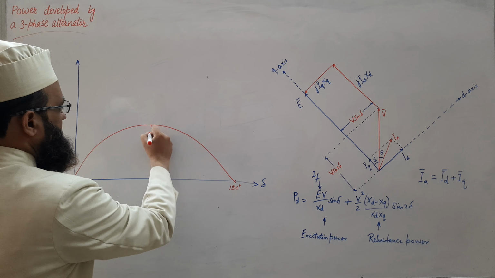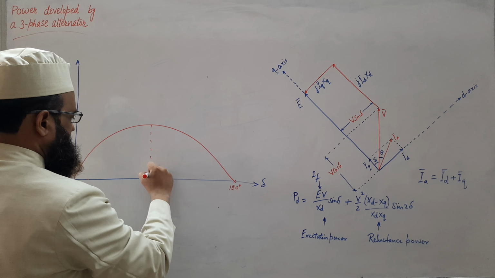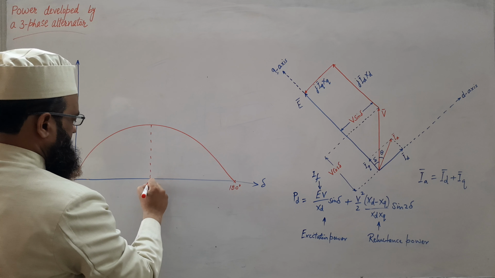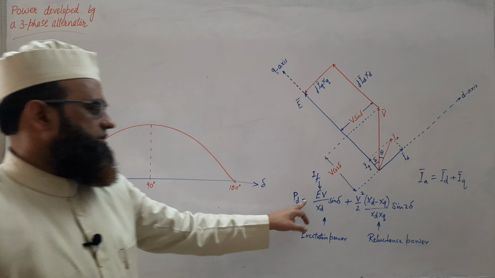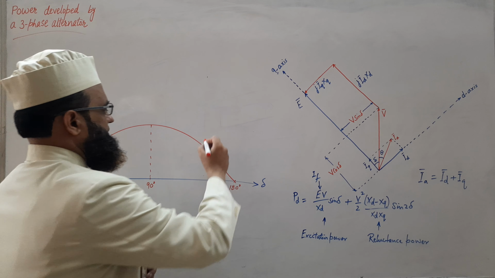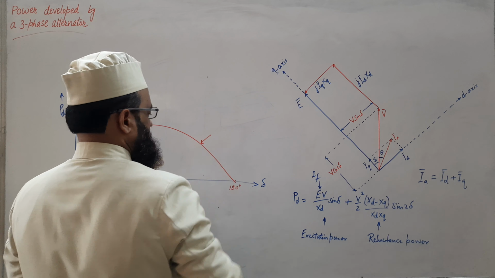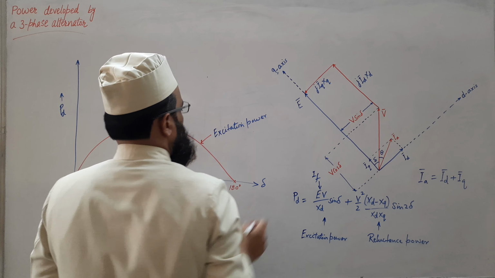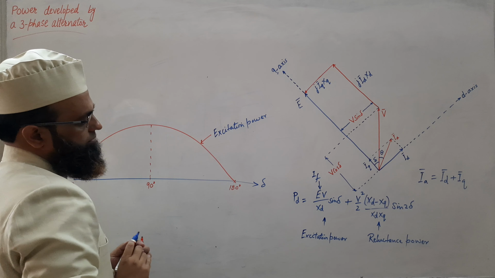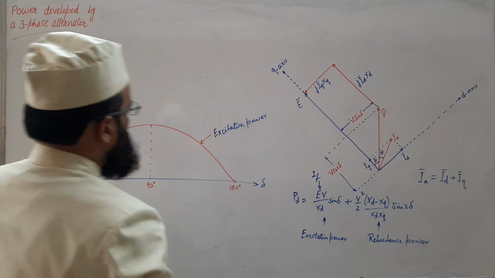Somewhere when delta is 90 degrees, it will attain its maximum. You may write this as excitation power, that is EV by X sin delta.